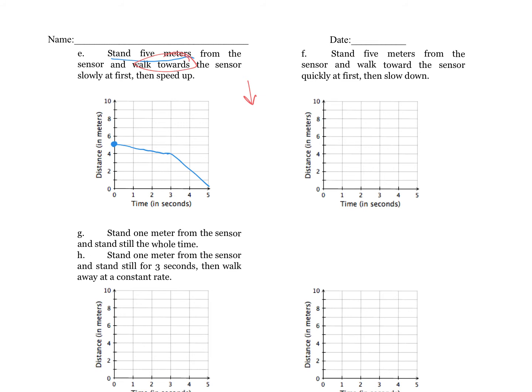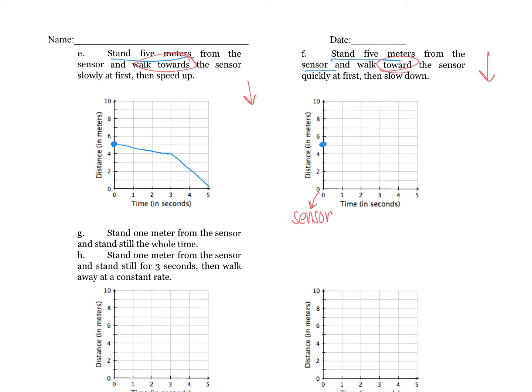All right, now F says stand 5 meters from the sensor. So once again, we are standing 5 meters from the sensor. And we are walking toward the sensor. So once again, means my graph is going down because I have to get to the bottom, to the x-axis where my sensor was, okay? Now, this is just the opposite, okay?